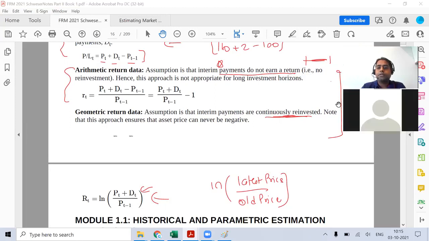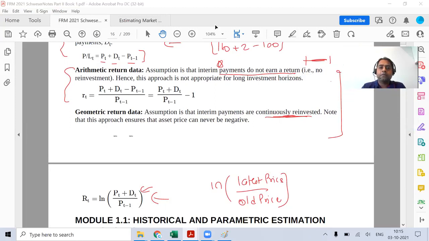Kindly make sure that your video is not active. Everybody who's joining, please make sure that the videos are not active. Kindly go through both of these, arithmetic return and geometric return, and give me a quick confirmation.